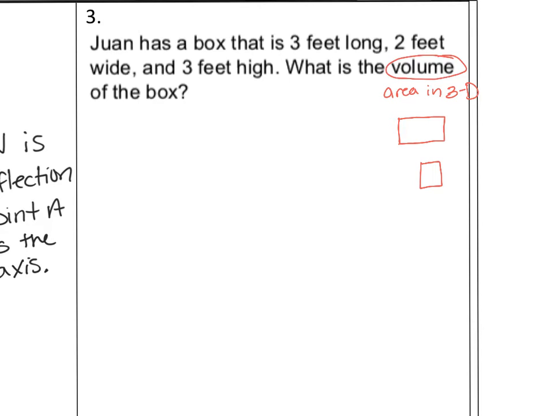But watch closely how I make this into a 3-dimensional object. So this square, I'm going to draw another square on top of it. And then I'm just going to connect their sides. So that's a 3-dimensional object. When we're trying to find the quote-unquote area, we're actually looking for the volume. We're trying to see how much space is inside of this 3-dimensional object.